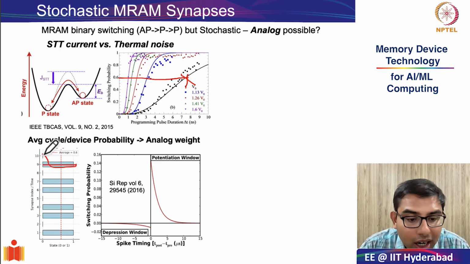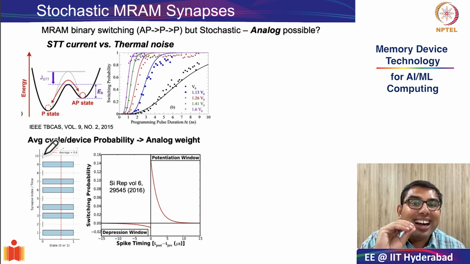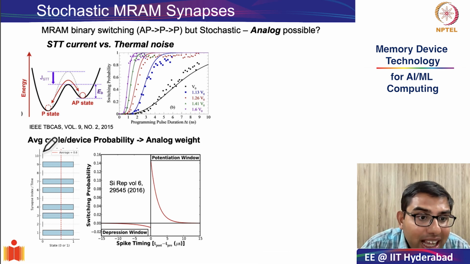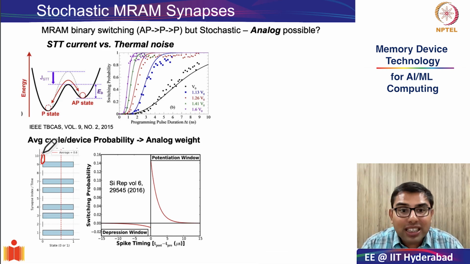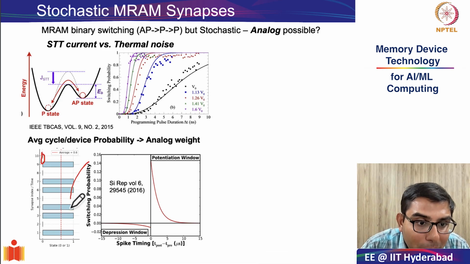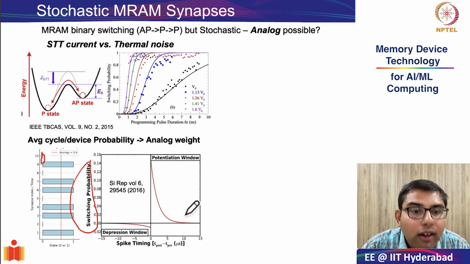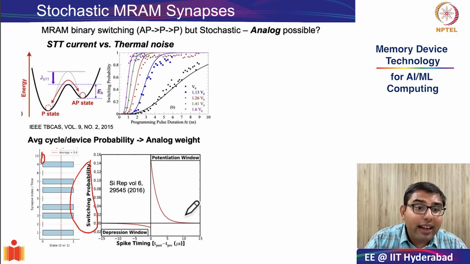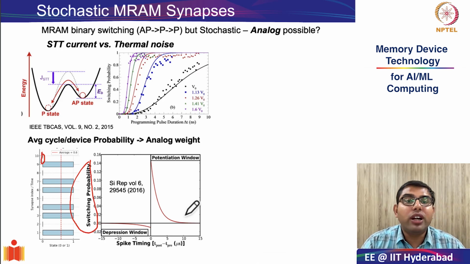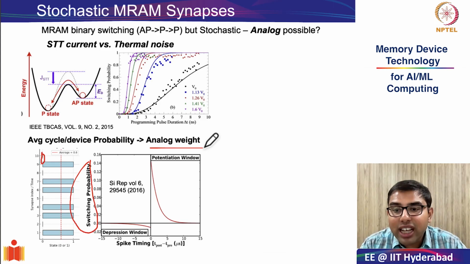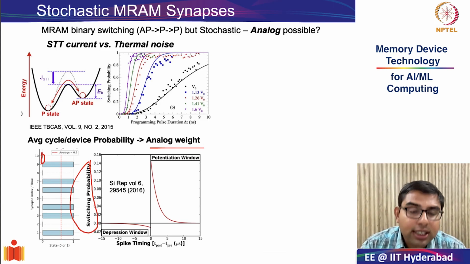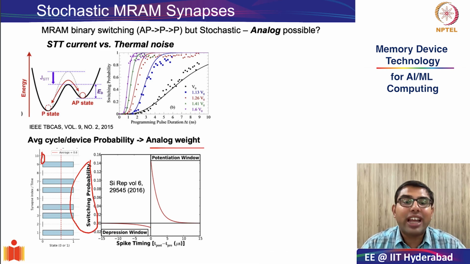But the other 4 times the MRAM will remain in the 0 state. So on an average, we can represent the switching probability as a proxy for the weight. And this is how averaging of the probability over different cycles or different devices has enabled the representation into analog weights, both for ANNs and for SNNs.